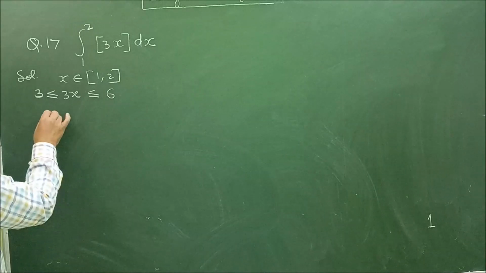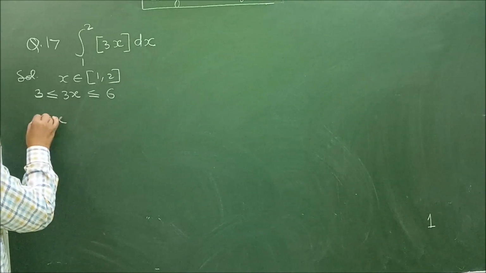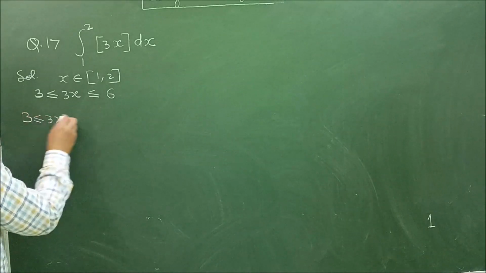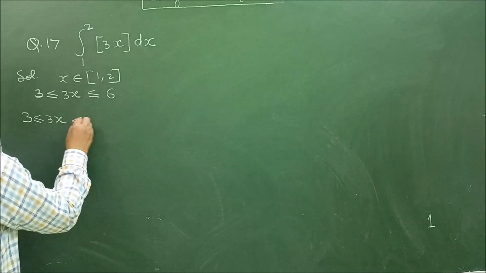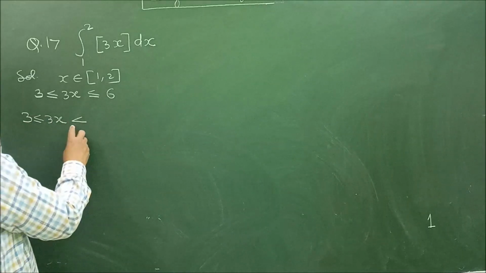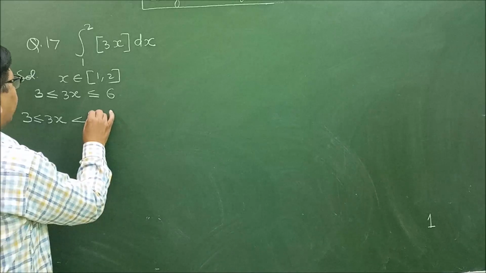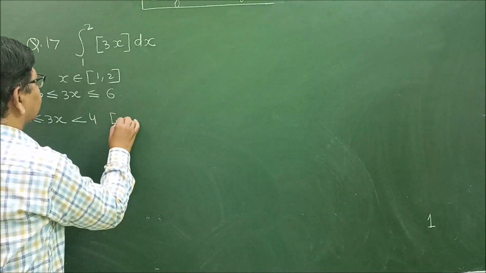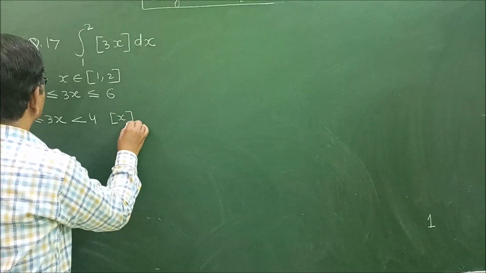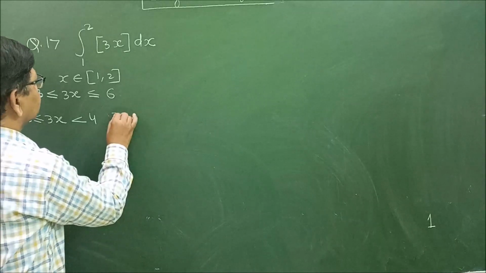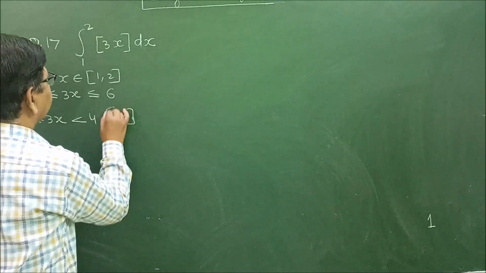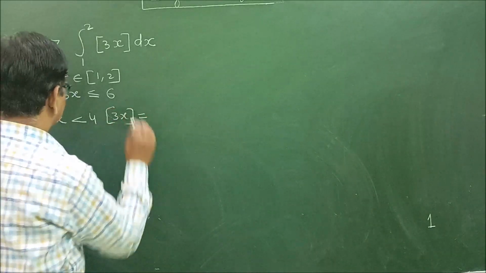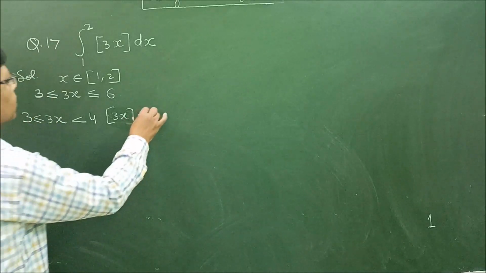So if the value of 3x is greater than or equal to 3 and less than 4, then the greatest integer 3x will be equal to 3.